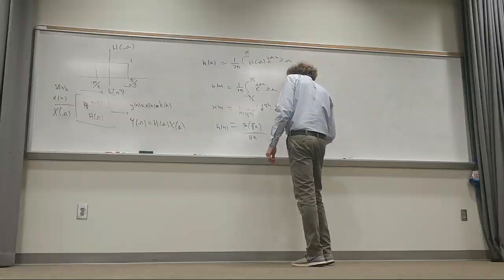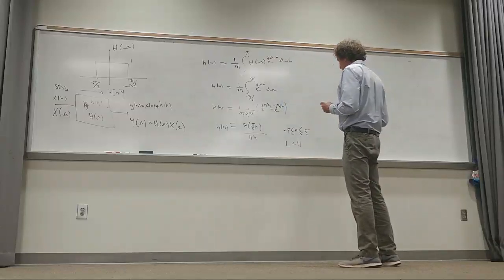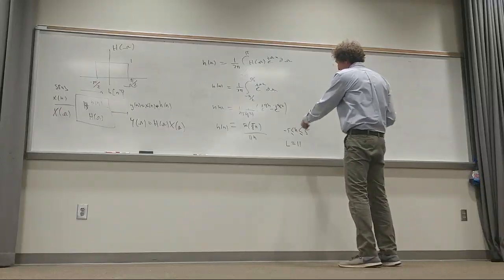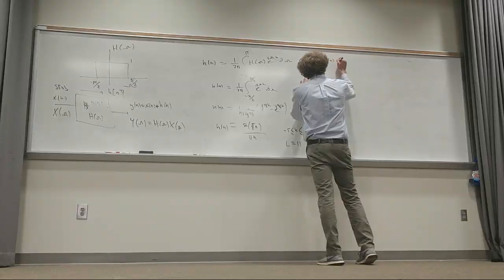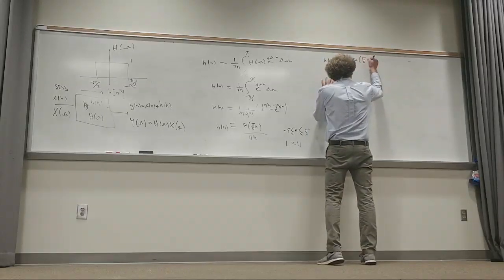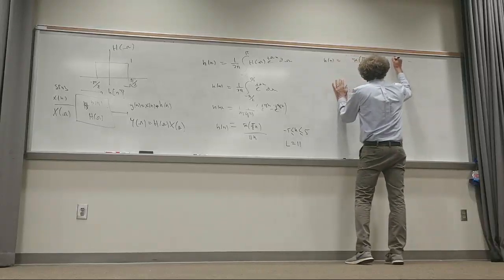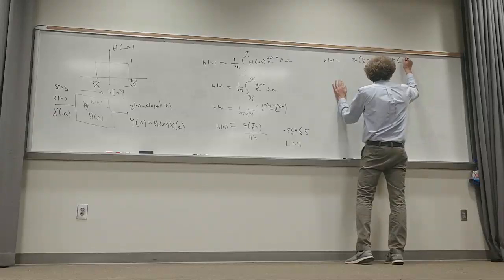That's 11. Now with that, I take that function and say these are the only values I'm going to care about. I'll say my h of n here is equal to the sine of pi over 2n, where n is greater than or equal to minus 5, less than or equal to 5.